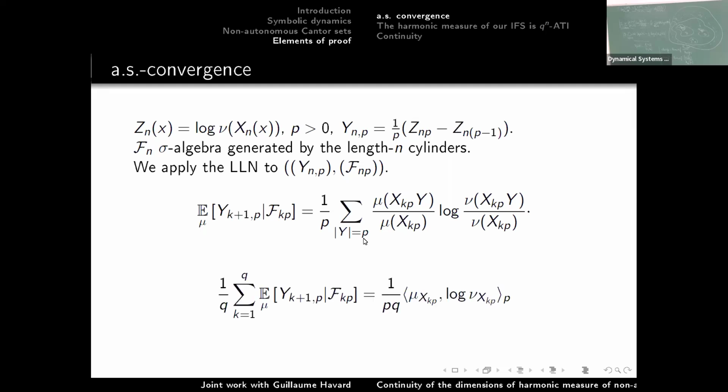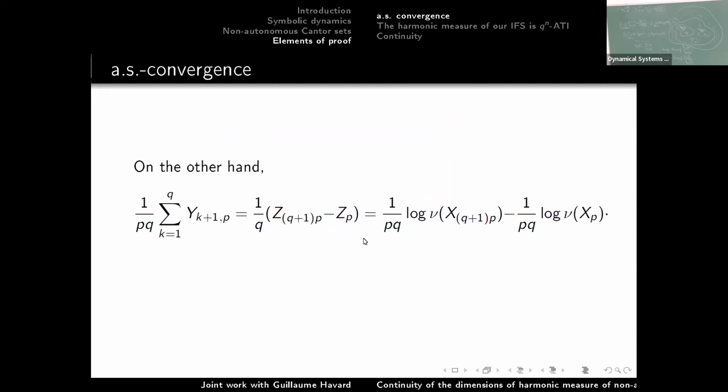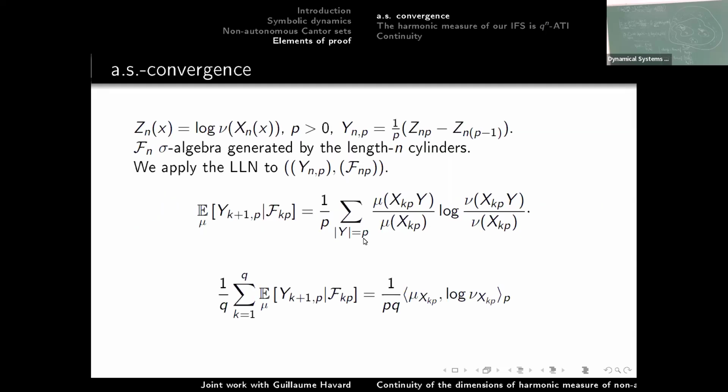Now, what is also true is that this is true when you go from x to y. If you want to go from x to several y's, you just have to add them. It's all about taking windows.